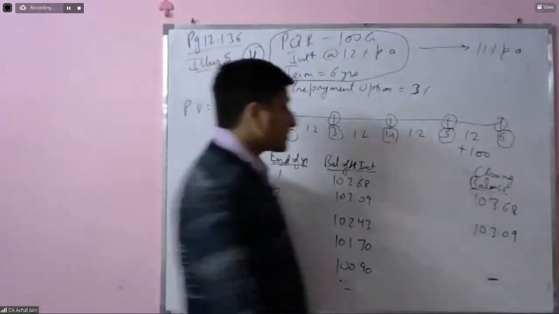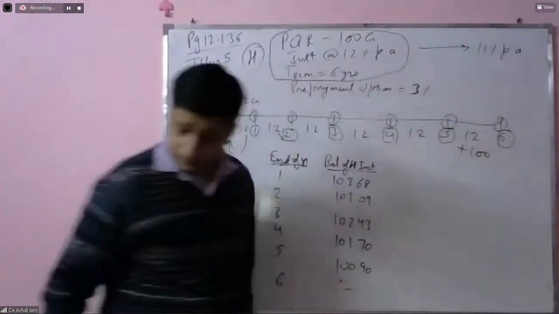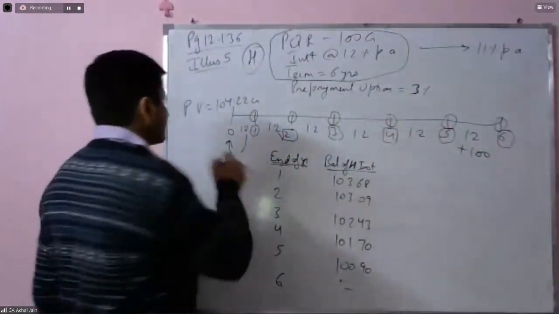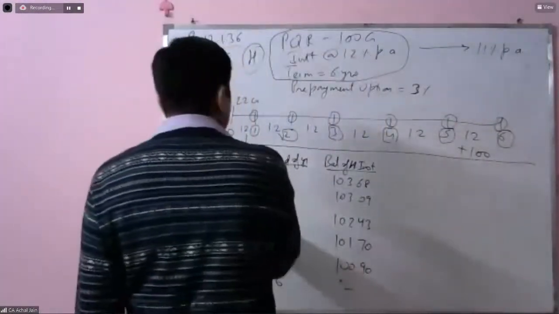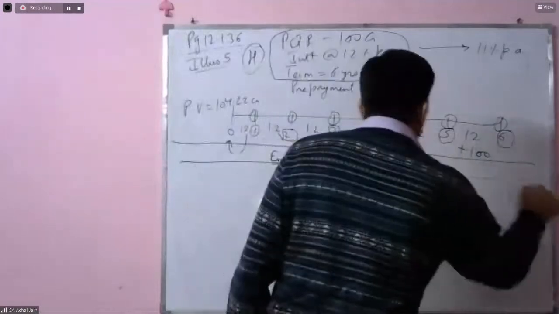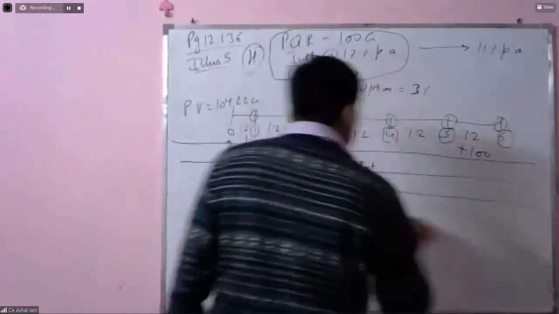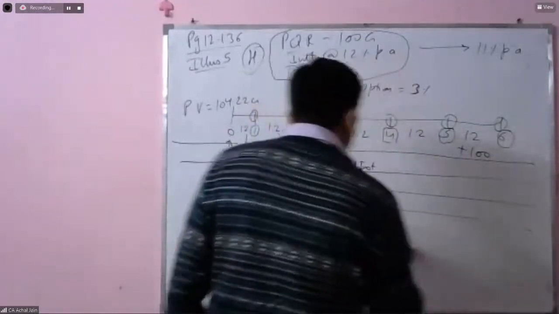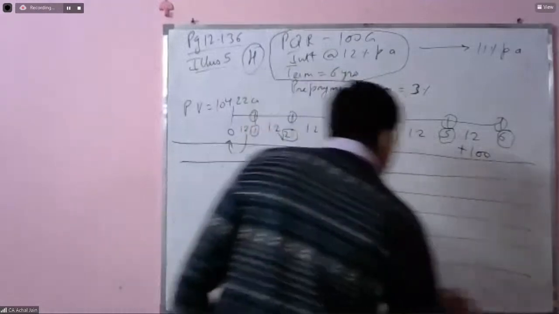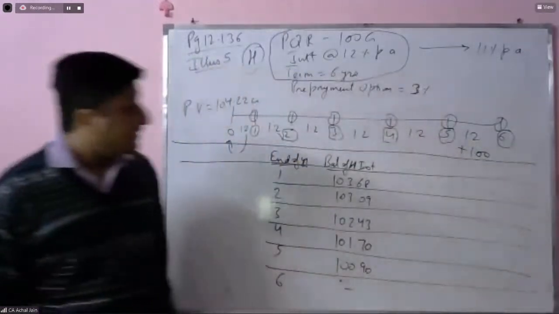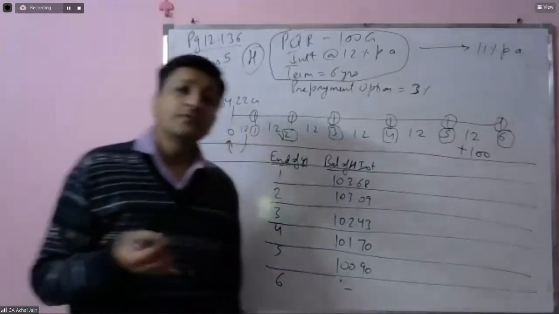Now I can clear this part also. And for the purposes of our reference, I'll put this in a tabular form so that it becomes easily readable. Now we need to put the value of the prepayment option.